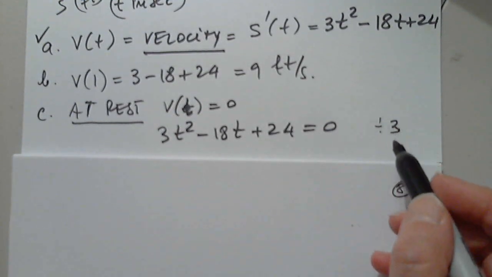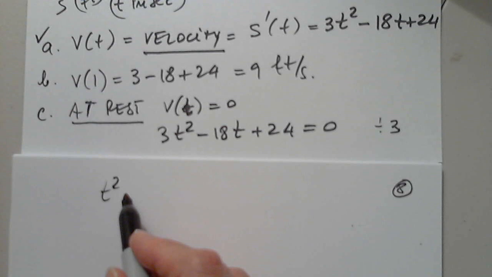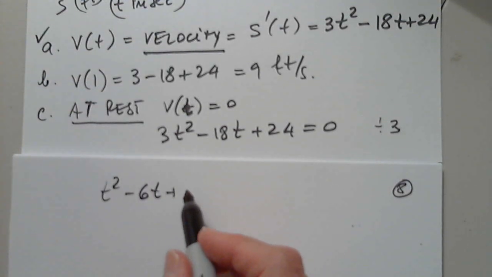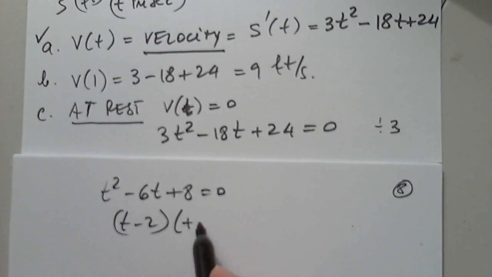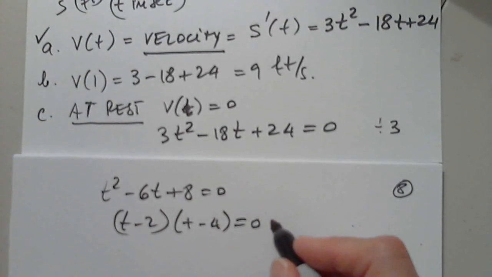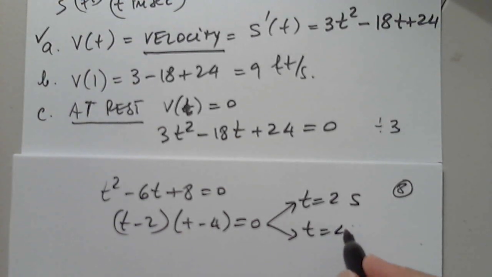Of course, you know me, I will simplify as much as I can. So I get t squared minus 6t plus 8, because this is very easy to factor into t minus 2 and t minus 4. And I get t equals 2 seconds and t equals 4 seconds.